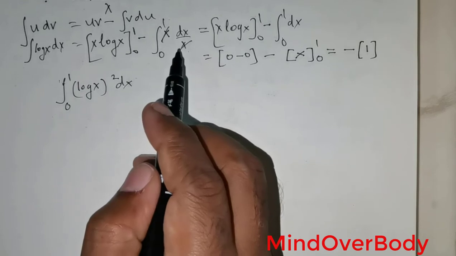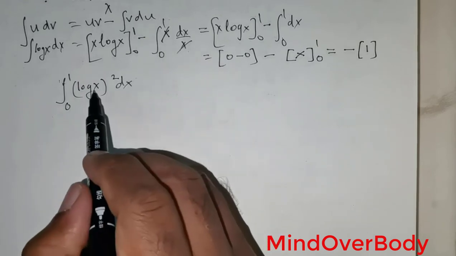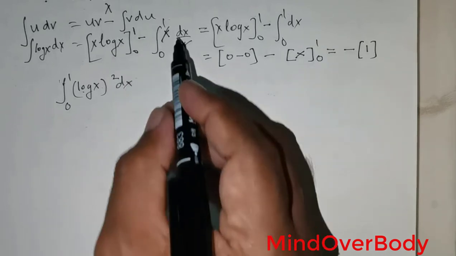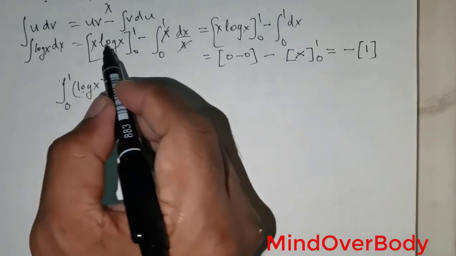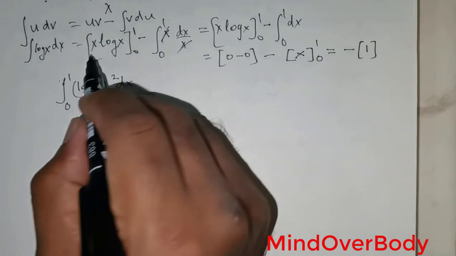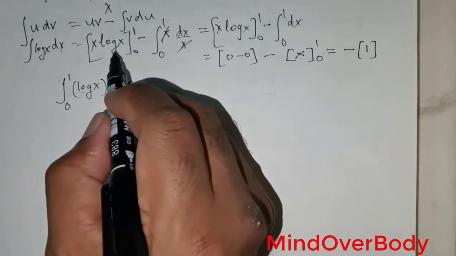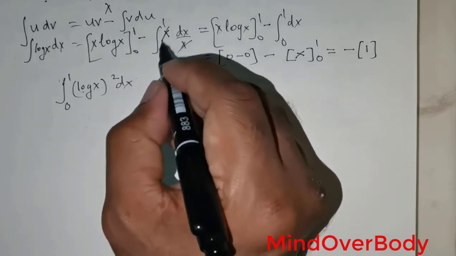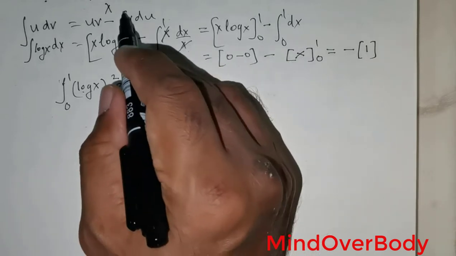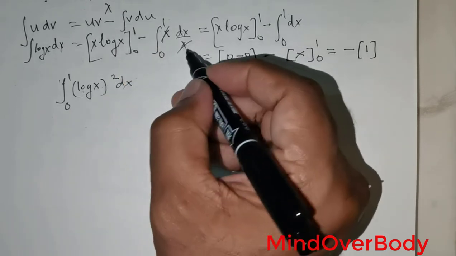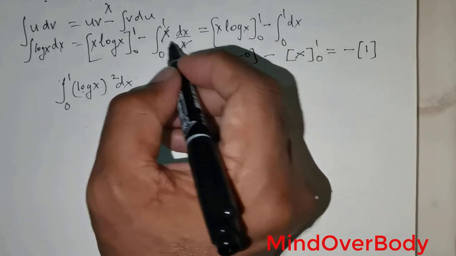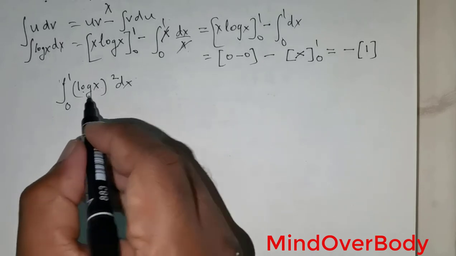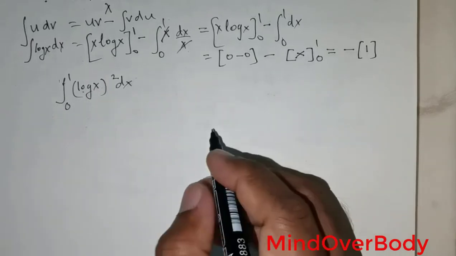Now when we were given log x with no exponent, that means exponent was just 1, we had the left hand side or the first term being totally annihilated because of the limits, and we just had the second term, or I would say the term that has the integral, and even in that case we totally lost x, right? So let us see what happens when we were given log x raised to the power of 2.